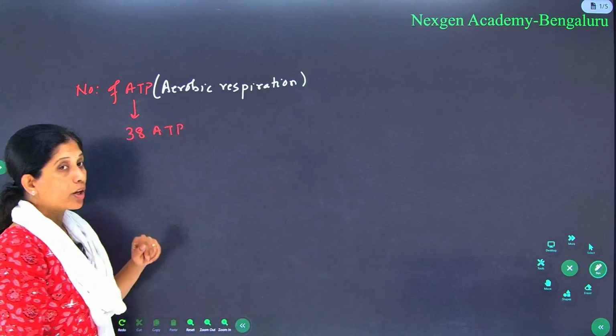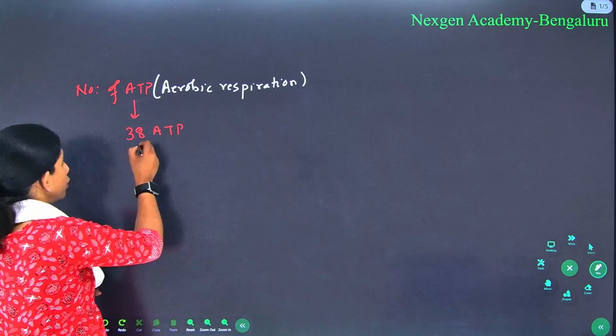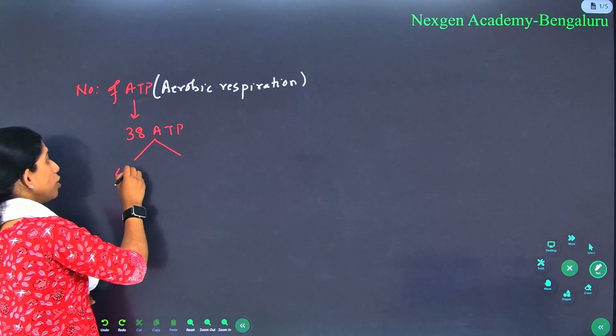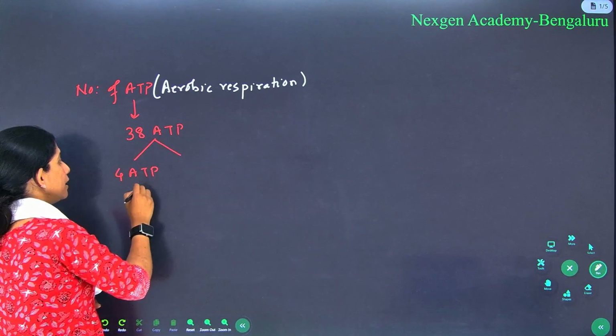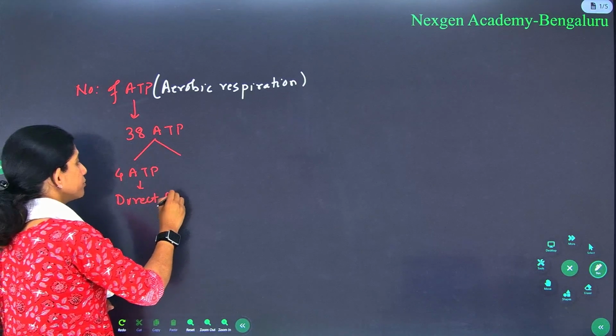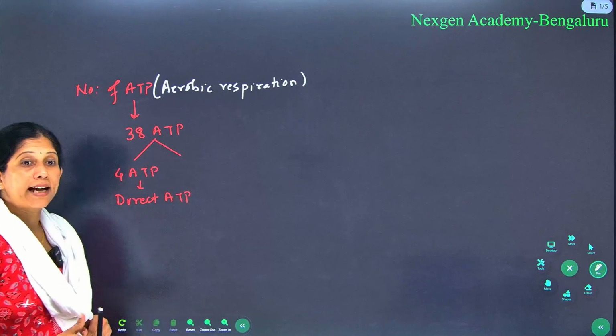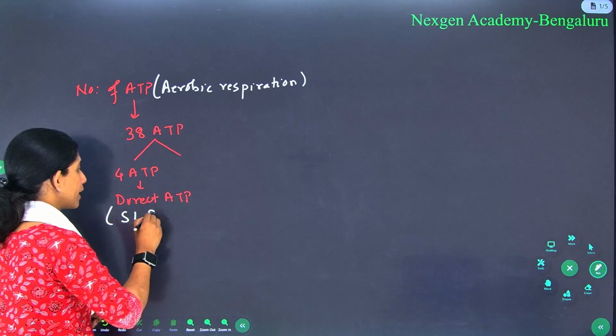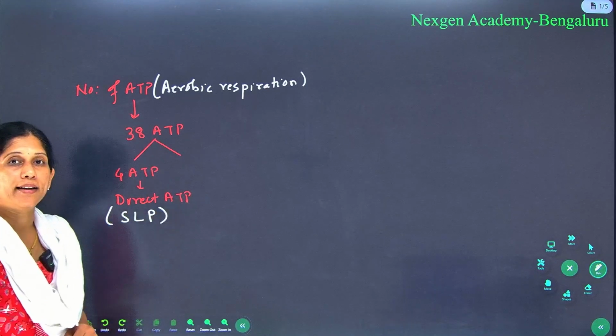Now when we talk about 38 ATP molecules, in this case, 4 ATP molecules are said to be direct ATP. When I say direct ATP, what do I mean by that? Through substrate level phosphorylation.